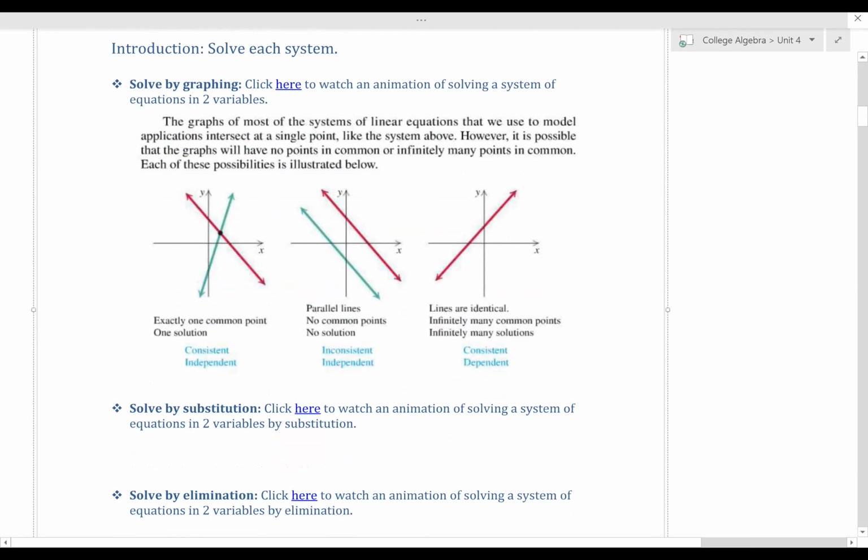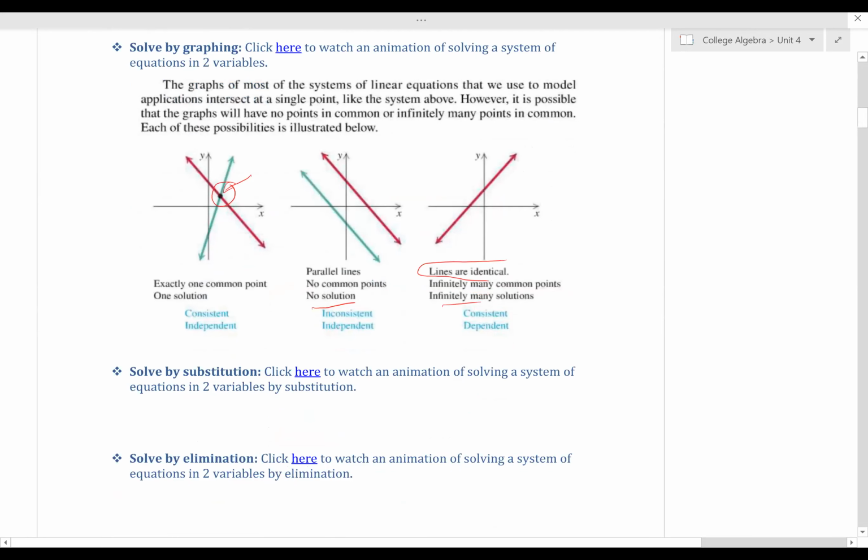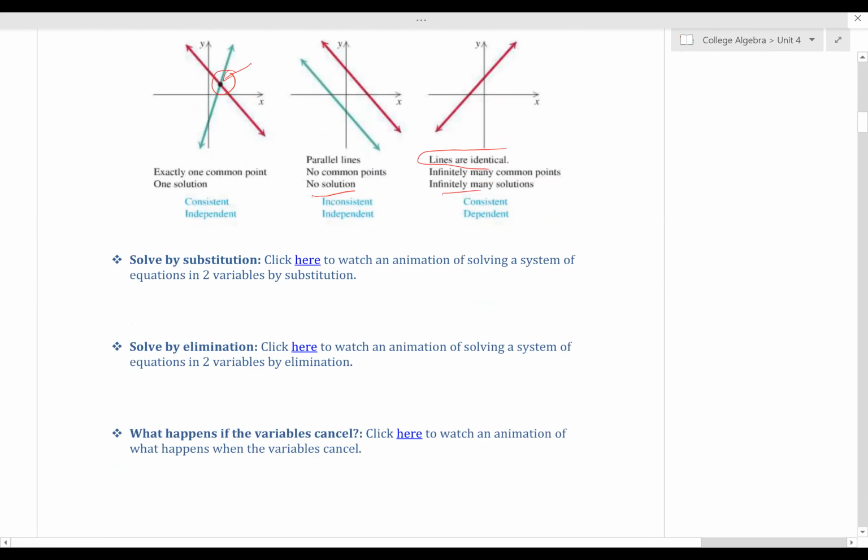With two variables, these are linear functions, and you can either get the two lines to intersect, and that point of intersection is the solution. If you have parallel lines graphed, then we have no solution in common. And if the lines are the same, where they lie on top of each other, then we have infinitely many solutions.